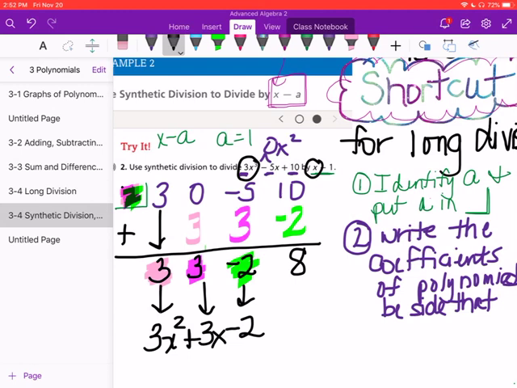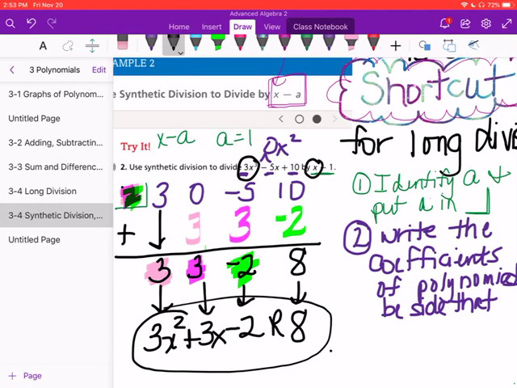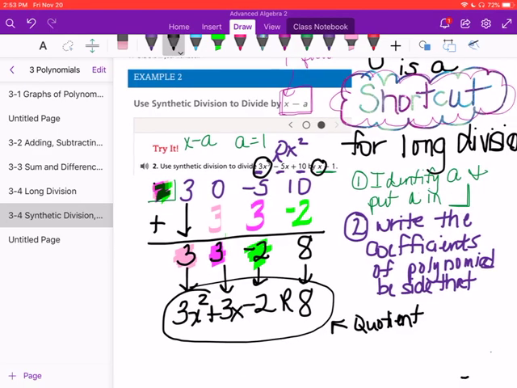I had x cubed, x squared, x to the first, and then the constant. This last number is the remainder. So we've actually found the quotient. This is the quotient part. So we answered the problem, and we didn't have to do all of that long division.